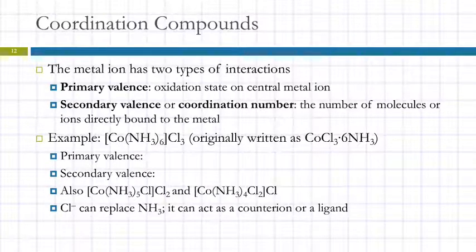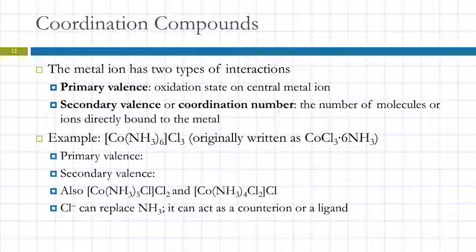So Werner, the guy whose quote we had on the opening slide, did a lot of work with cobalt coordination compounds. At that time, though, they didn't really know exactly what they were, so they were investigating how these things are put together. So originally, the formula shown here was written as cobalt 3 chloride dot 6 ammonia.